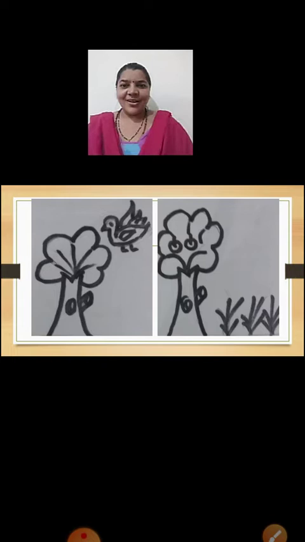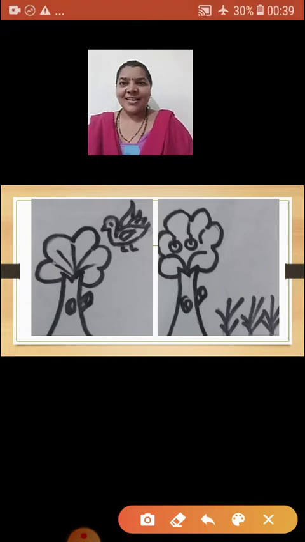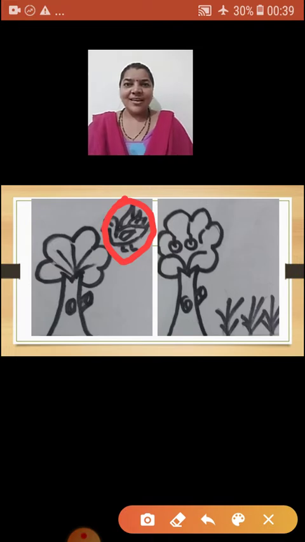So children, now we are going to find out the difference and we will circle it. Now see, if we compare both the pictures, in both the pictures we can find a tree, but there is only a bird in the picture which is to your left hand side. So this is the first difference which we can see here.